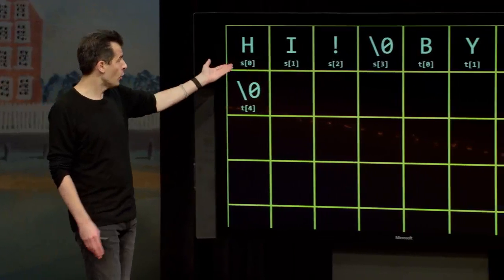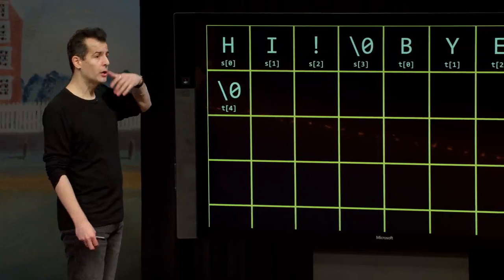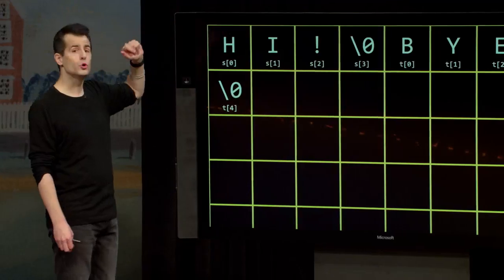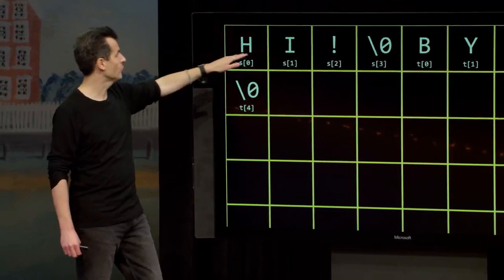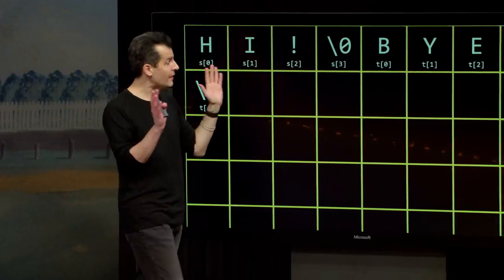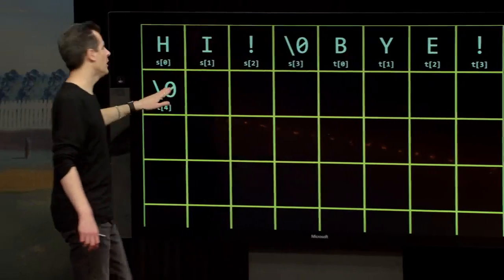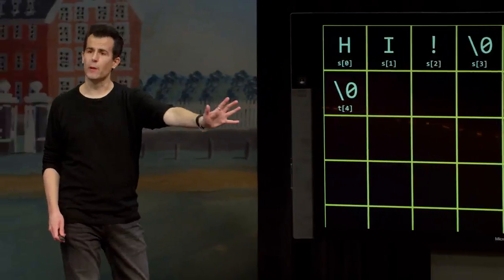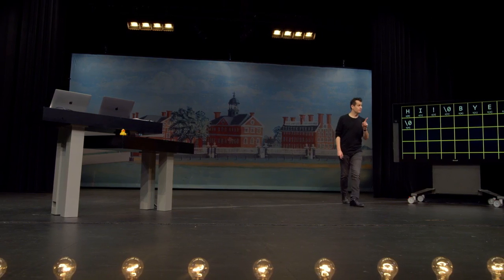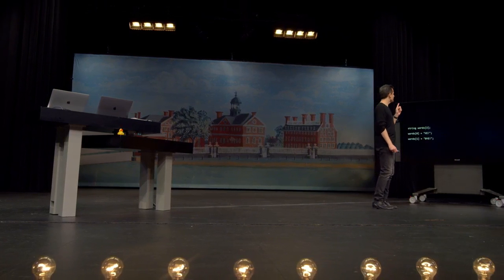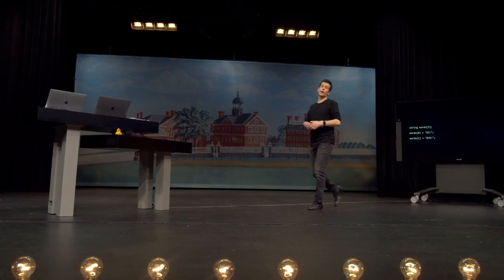So again, you can also refer to all of these individual characters or chars via the new square bracket notation of today. s bracket 0, s1, s2, s3, and then t bracket 0, t bracket 1, 2, 3, and 4, and then whatever else is in the computer's memory. But you know what you can even do is this. Suppose that instead we wanted to have an array of words.